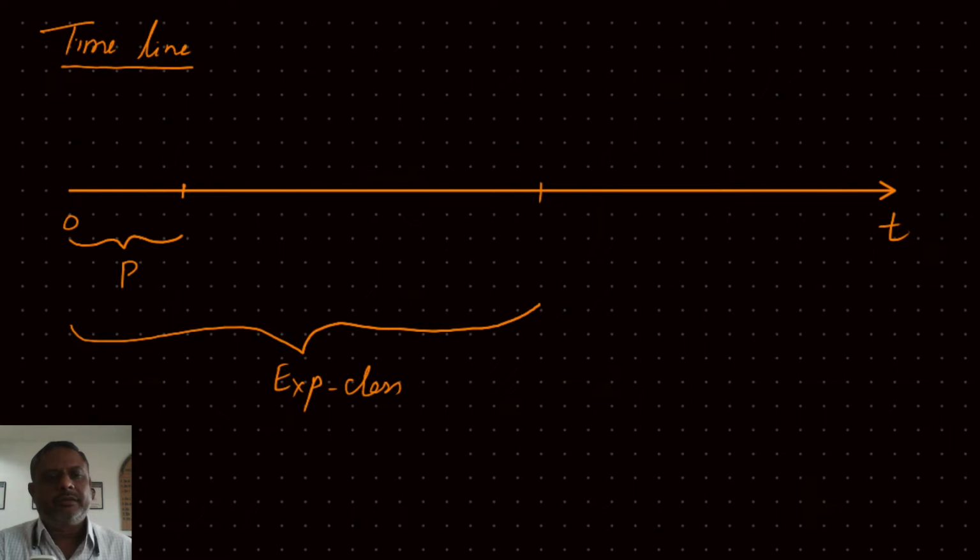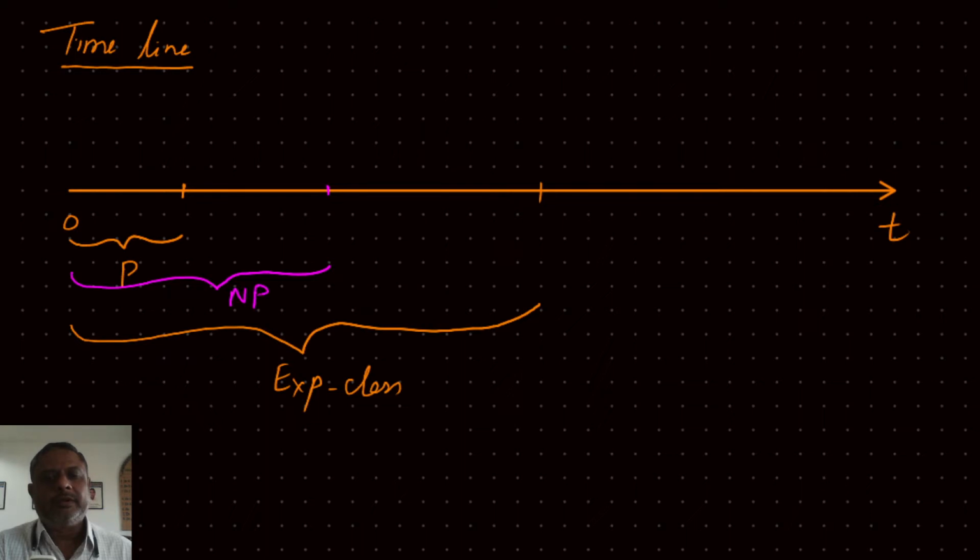Yes, there is a special place on the timeline where the problems lie and they cannot be solved in polynomial time. They can be solved in exponential time, but they can be verified in polynomial time.